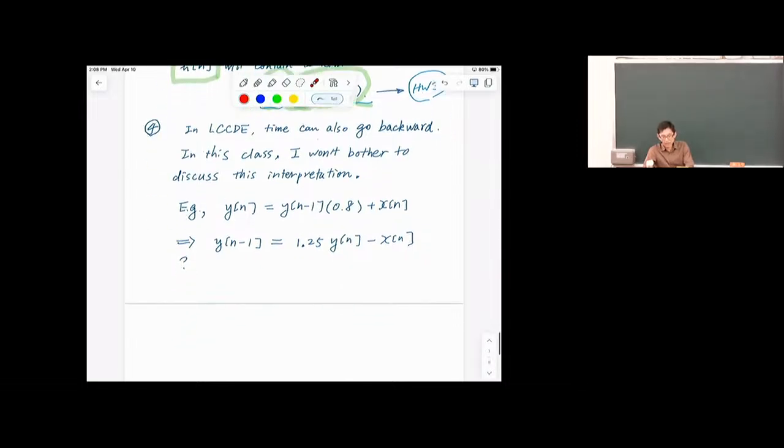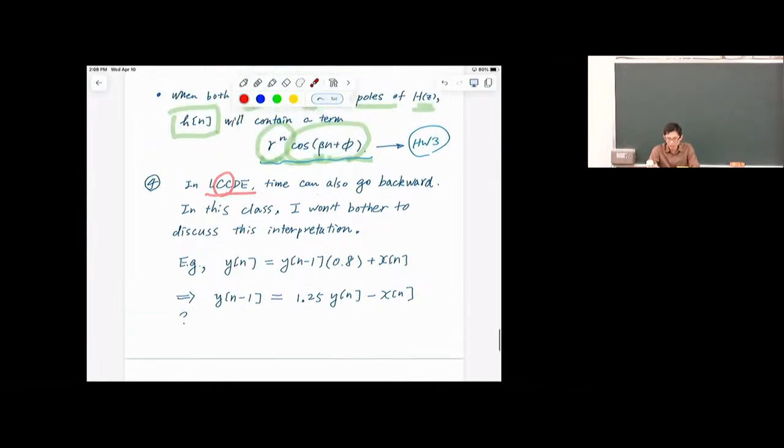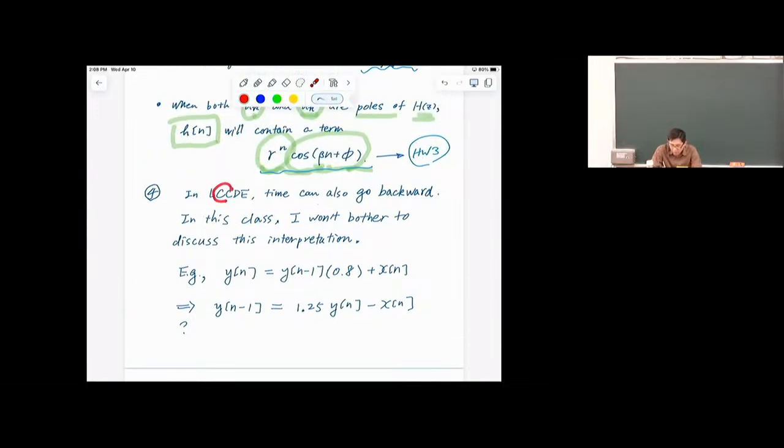And the final comment regarding difference equations is to realize that in any linear constant coefficient difference equation, it turns out that time can also go backward.